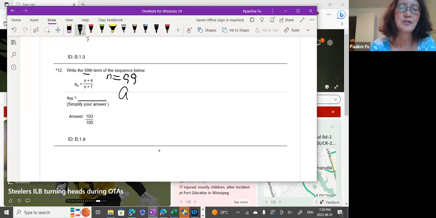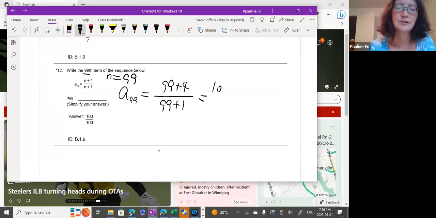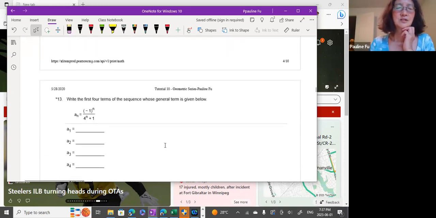So you are asked to write down a subscript 99, plugging 99 in for n. 99 plus 4, you get 103 over 100. Questions? Okay.